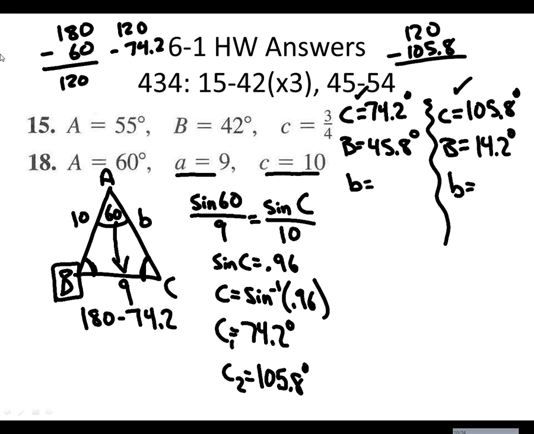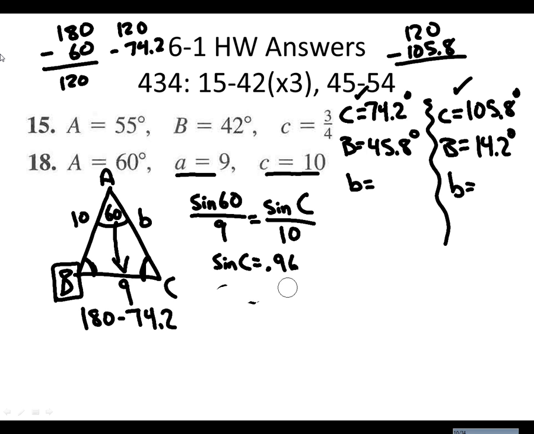For side B, we'll need to do our law of sines again. So let me erase this so we have space to do it. Sine of 60 over 9 is going to equal the sine of, for the first triangle, 45.8 over B. Go ahead and plug that in, move that around, you get 7.45.